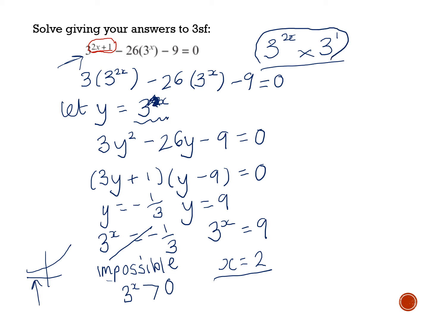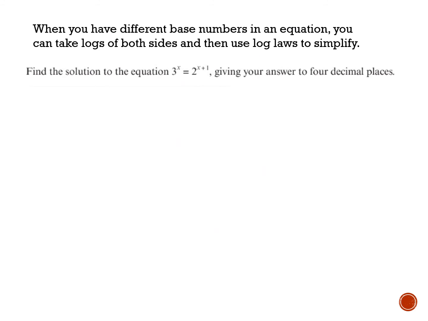Okay, one more type of equation that you can get, and this really is making use of logs as a technique for solving equations that have the unknowns in the powers. Okay, you'll see the difference with this equation that we've got here. We've got a base number 3 on the left-hand side, and we've got a base number 2 on the right-hand side.